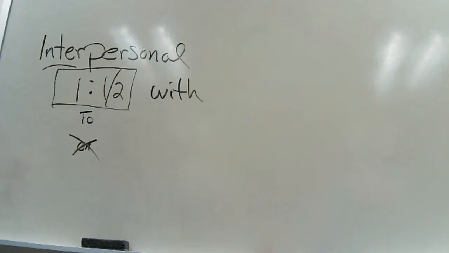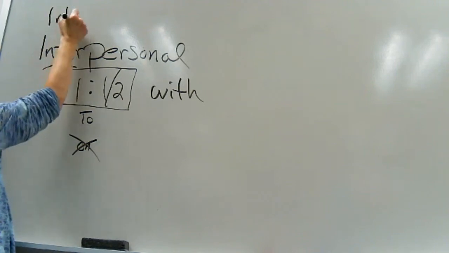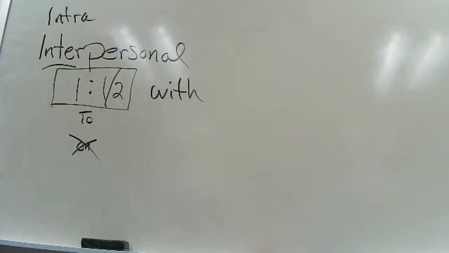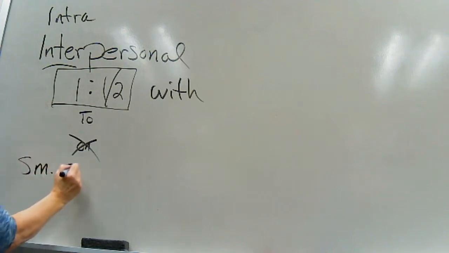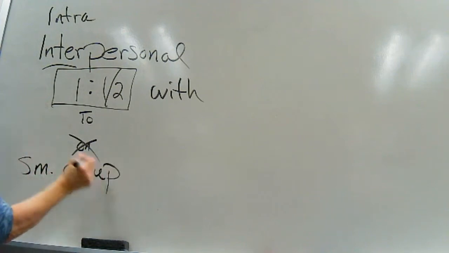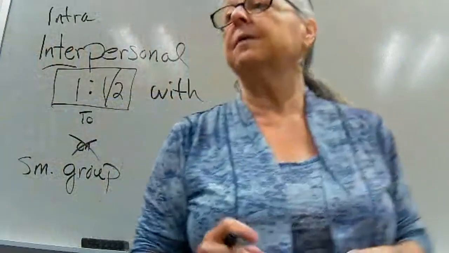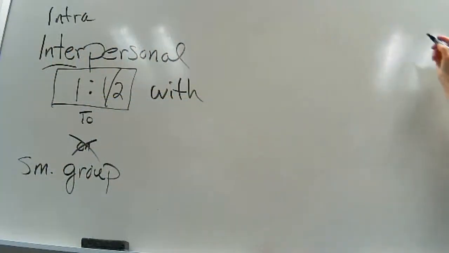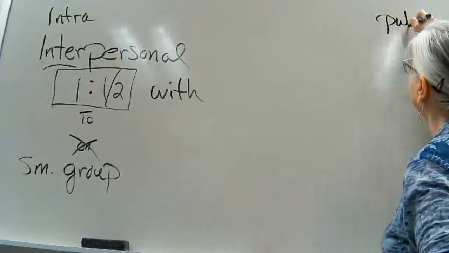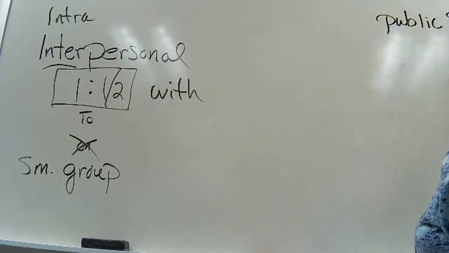So already you've learned intrapersonal. You have learned interpersonal communication. You've also started to learn small group communication. Now, those of you who have taken public speaking know that there is public speaking, and that's going to be to lots and lots of people.